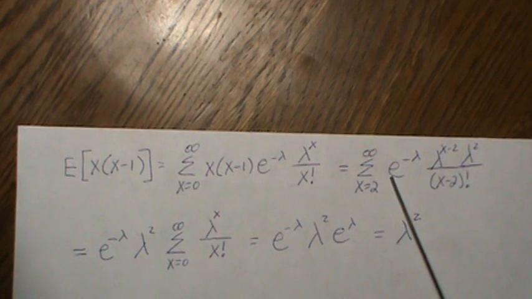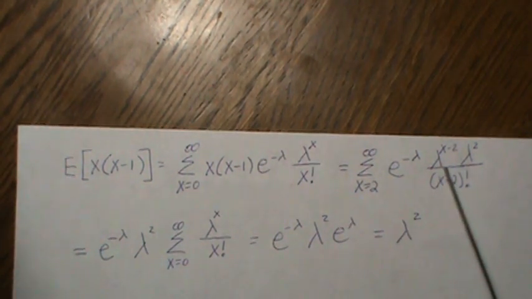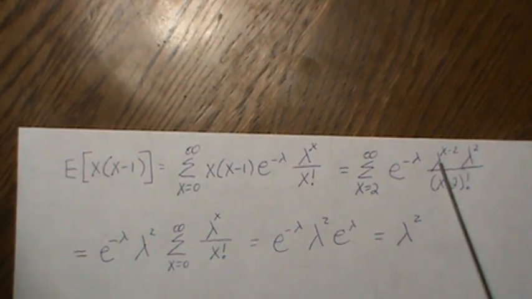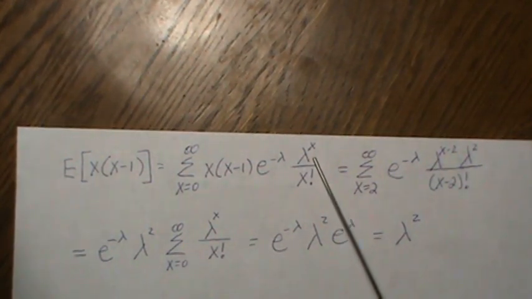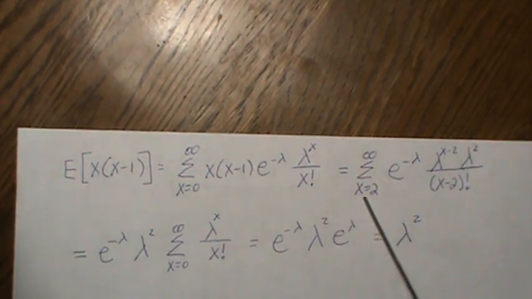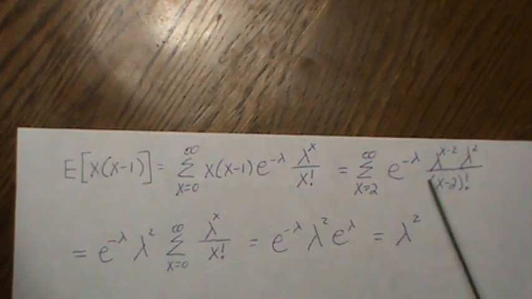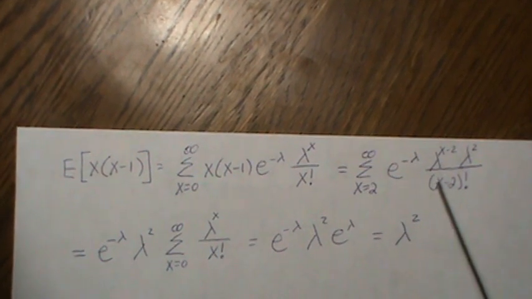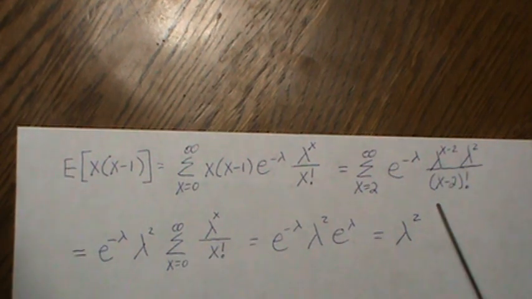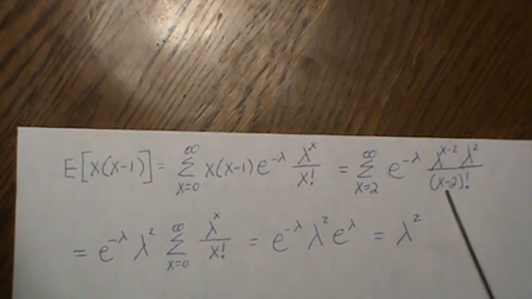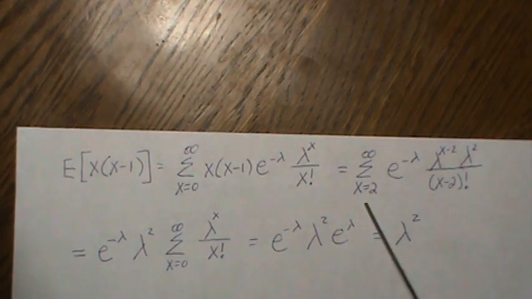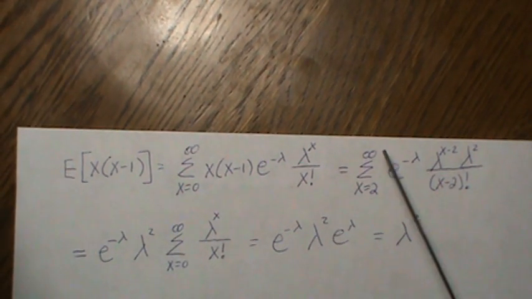The e to the minus lambda stays the same. The lambda to the X, we break it up into lambda to the X minus 2 times lambda squared. So when you multiply those back, you get lambda to the X. There's no X index here, so we bring it out and we bring this one out. But we also do an index change, so you let Y equal X minus 2, and then this just becomes Y factorial over Y, and Y is going from 0 to infinity.